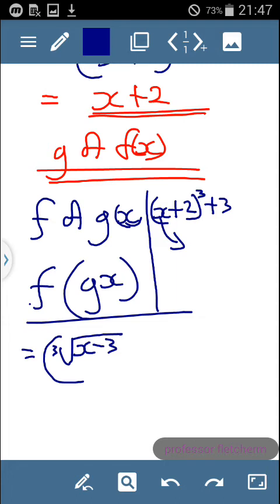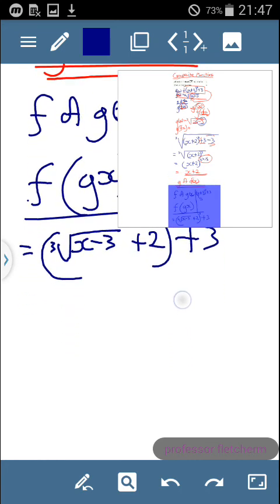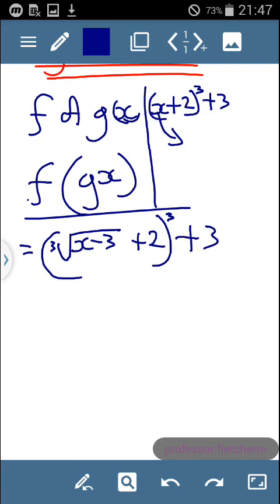So it's going to be that one, and then we add 2, we cube this thing, and then we add 3. So you can follow along and calculate that one.